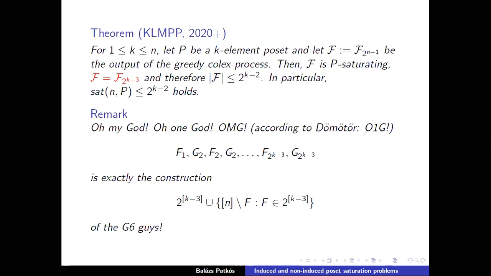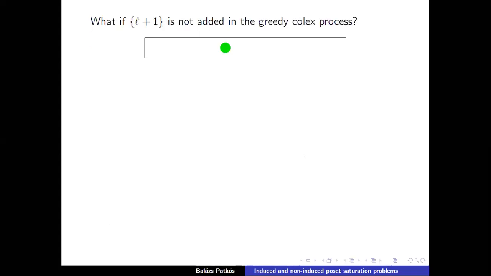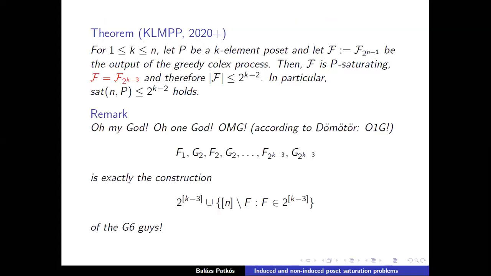I wouldn't say it's a universal construction, but anyway, this is a construction which is saturating for the chain, and which contains a saturating family for any other k-element poset P. So how will the proof go?